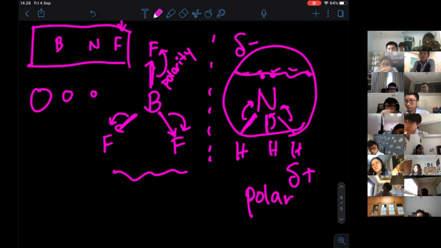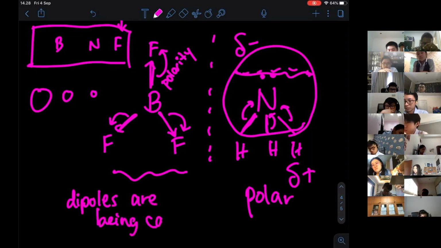We call them dipoles. Dipole means positive and negative. The dipoles are being cancelled out. The cancelling of dipoles can only happen if the molecule is symmetrical and has the same elements.